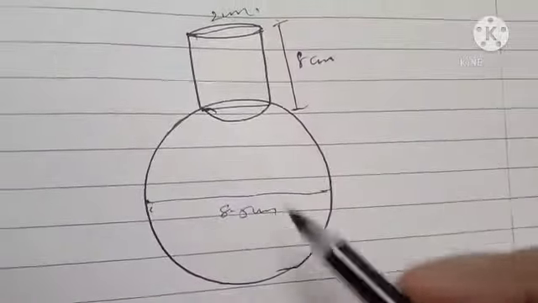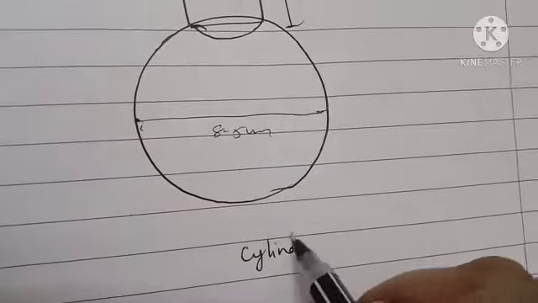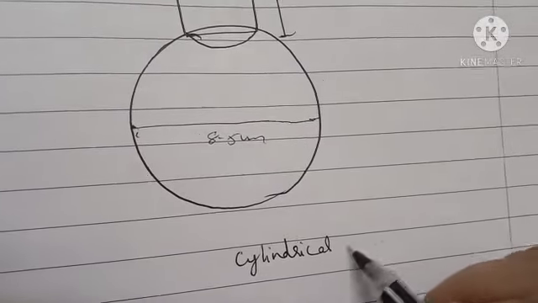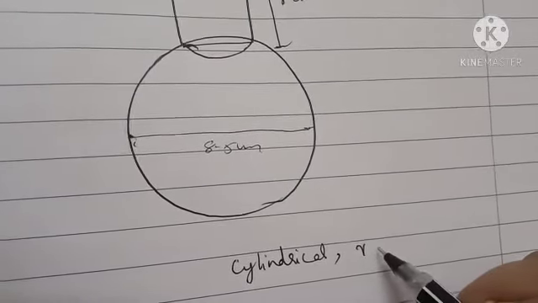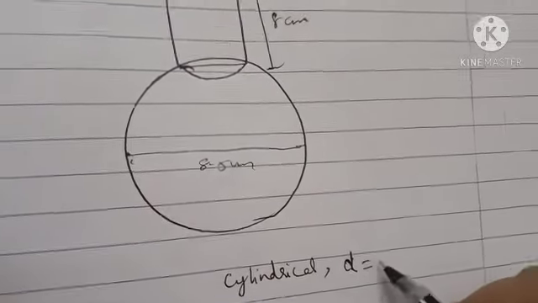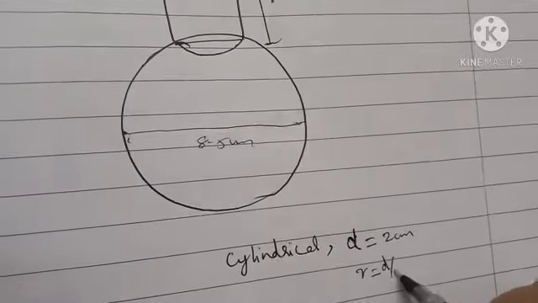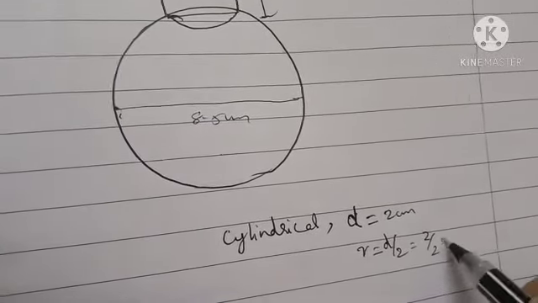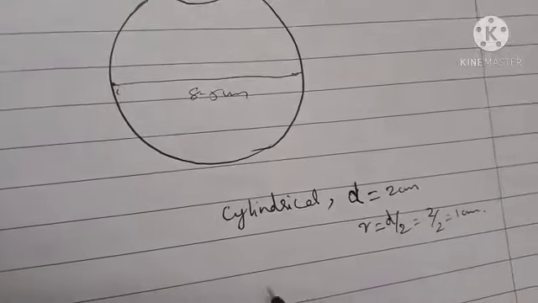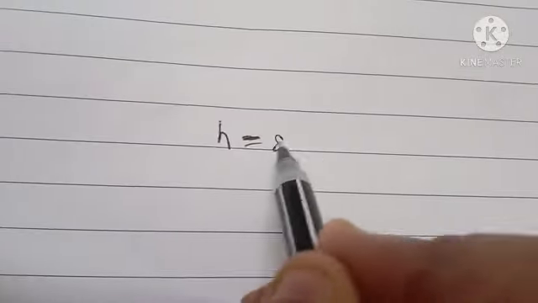Then the measures we can write for the cylindrical neck part. Radius we can mention as small r, but diameter is given, so d is equal to 2 centimeter. So r is equal to d by 2, equal to 2 by 2, equal to 1 centimeter, and its length is given, that means h is 8 centimeter.